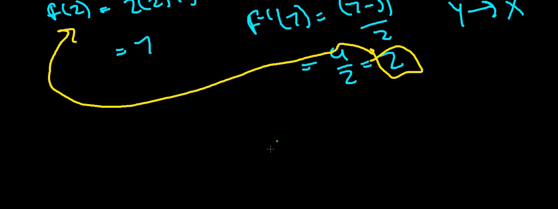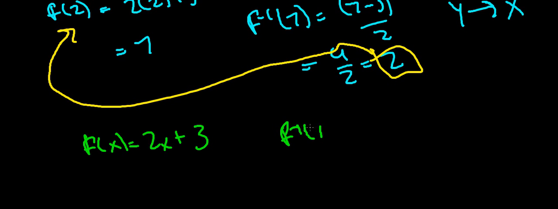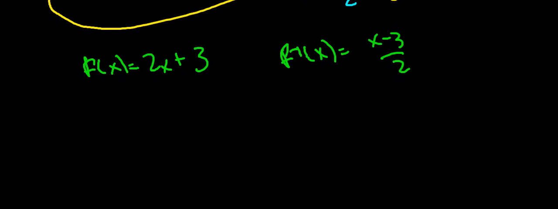Watch this. So if we have our equations, let's write them out again. f of x is equal to 2x plus 3, and f inverse of x is equal to x minus 3 over 2. If I did a composite function, let's say I did f of f inverse of x, what should happen? What should I get?